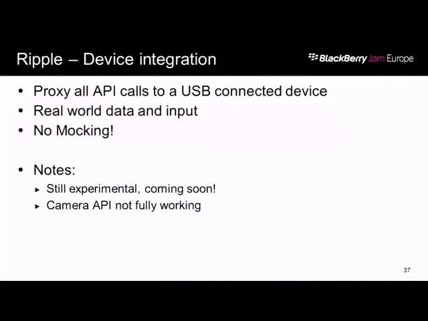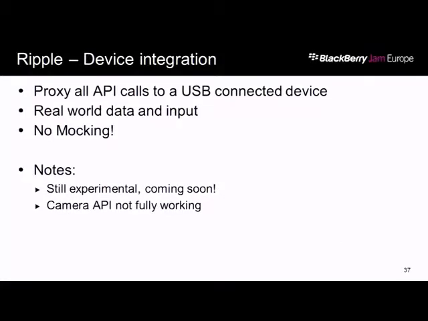So you can actually work with real data, real device inputs, and get it that way. It's, like I said, still experimental. Right now we already know that the camera API is not fully working yet with this approach. But it should get you that much further to be able to stay within the Ripple environment, do your testing, and get some real feedback from a device before you do your final testing.